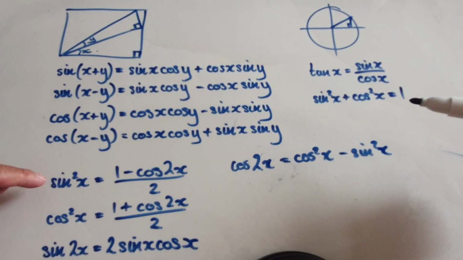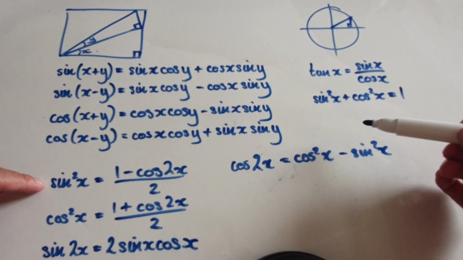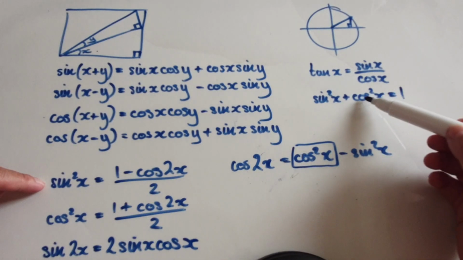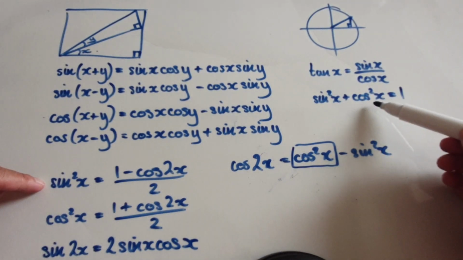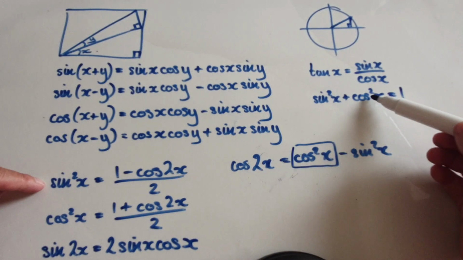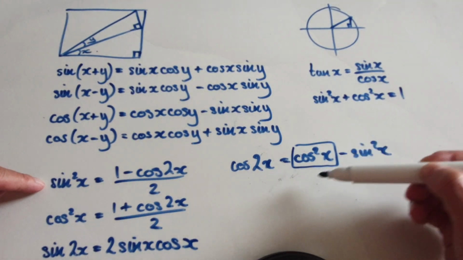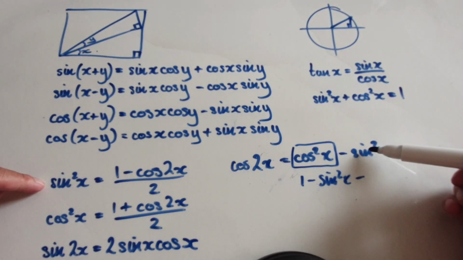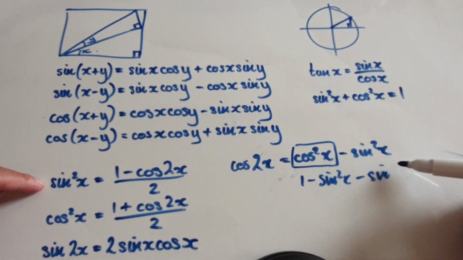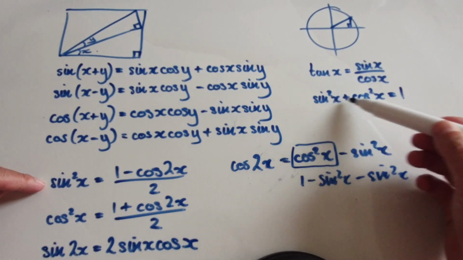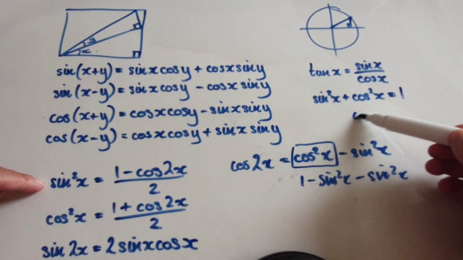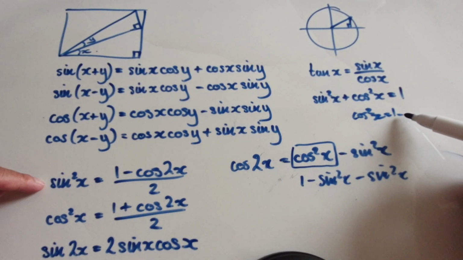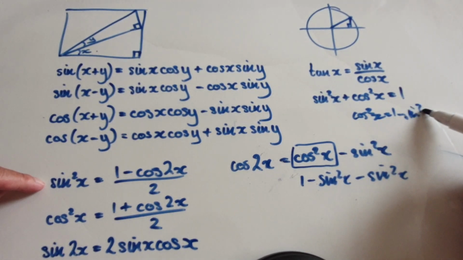For you to try and understand where this comes from, you would eliminate cos squared using this here. So cos squared is really 1 minus sine squared of x, and then you've got this sine squared.